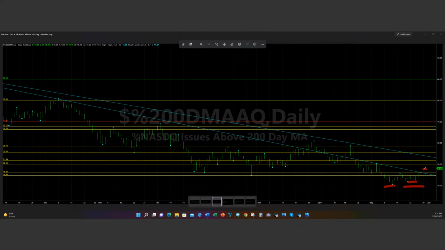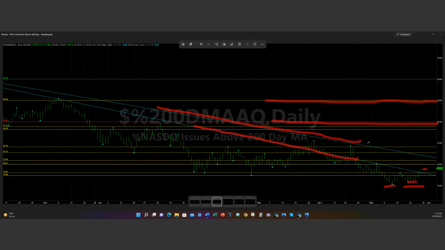Now we're back at 18%. We got above this lower internal trend line, and now we come into this upper trend line here. Okay, so let's see what happens if this continues to improve, which is our caution. So we ain't out of the woods yet. But it is showing some improvement in the percentage of stocks above its 200-day moving average.